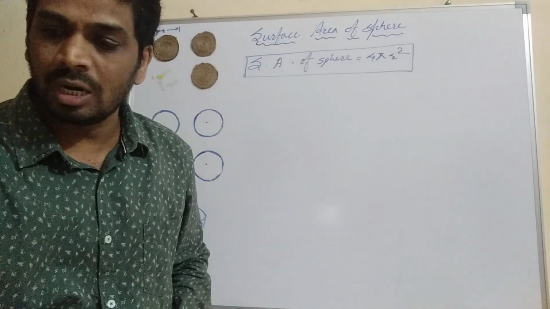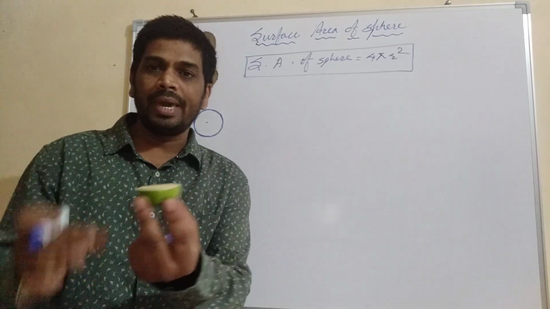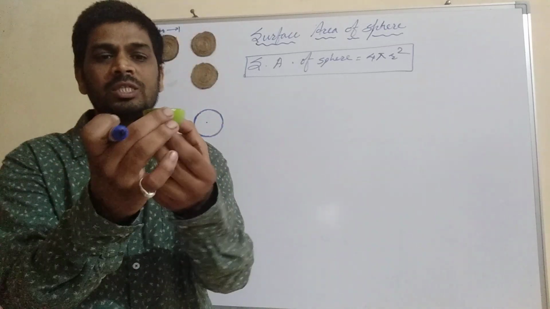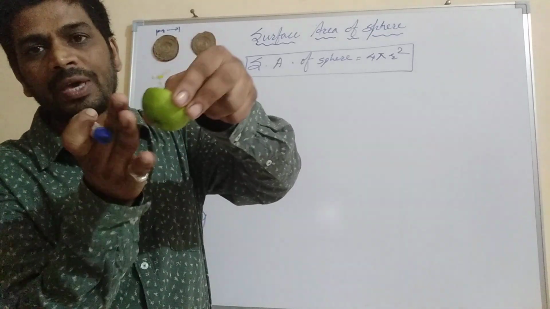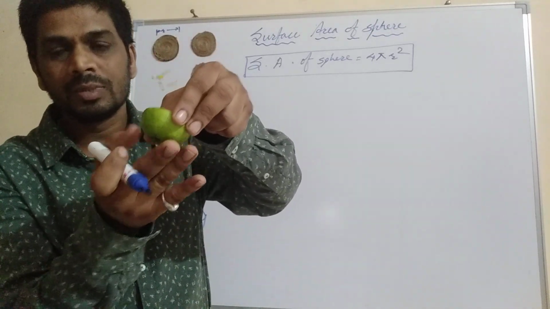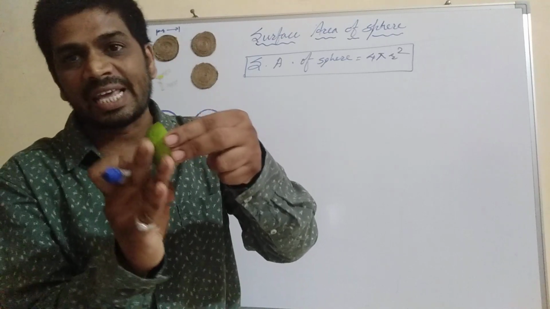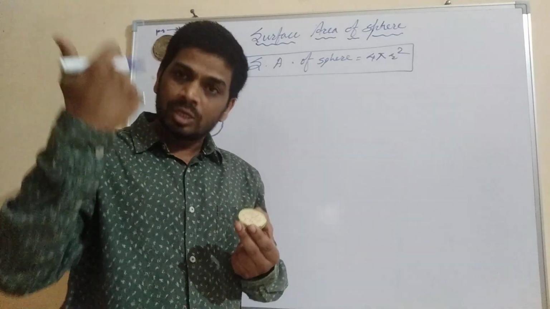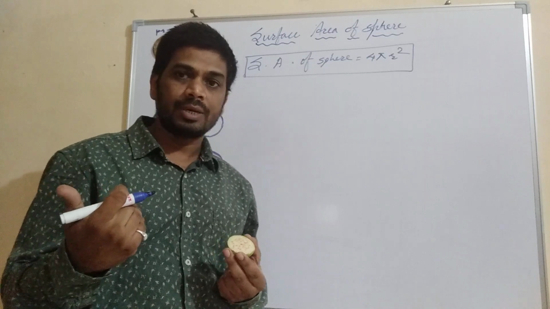So each piece will be like this. This is called a hemisphere, whose area will be equal to half of the area of a sphere.